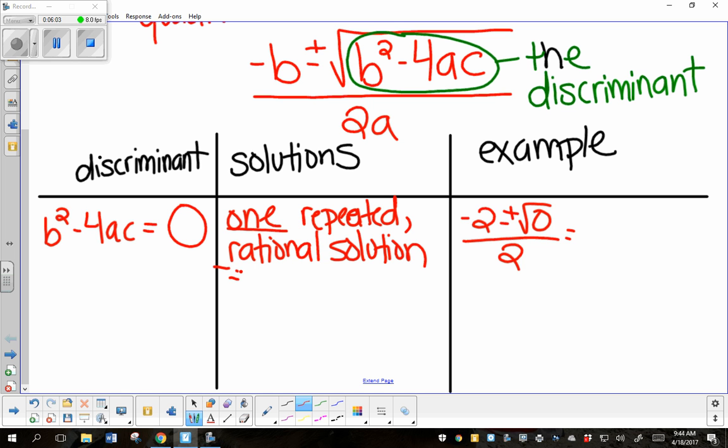So it's just -2 over 2, which is -1. Negative divided by positive is negative, and 2 over 2 is 1. So when you have a square root of 0, you don't really need the plus or minus because you're not adding or subtracting anything onto it. So if your discriminant is 0, you only get one solution. It's rational. Okay, let's move on to some other things now. Let me fix that. All right, next row of our chart here.